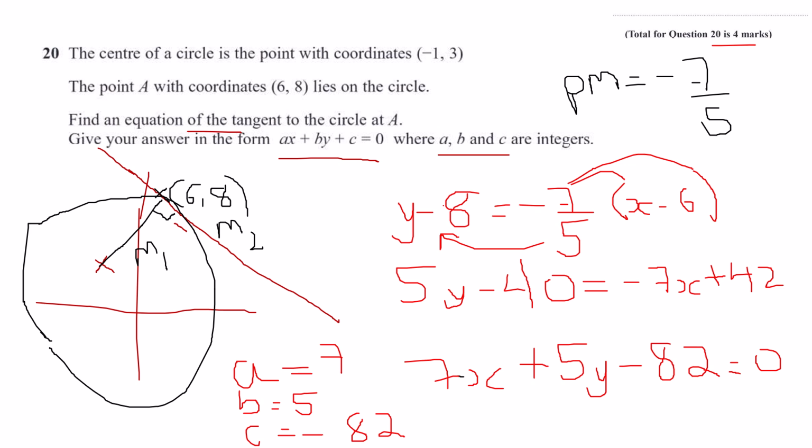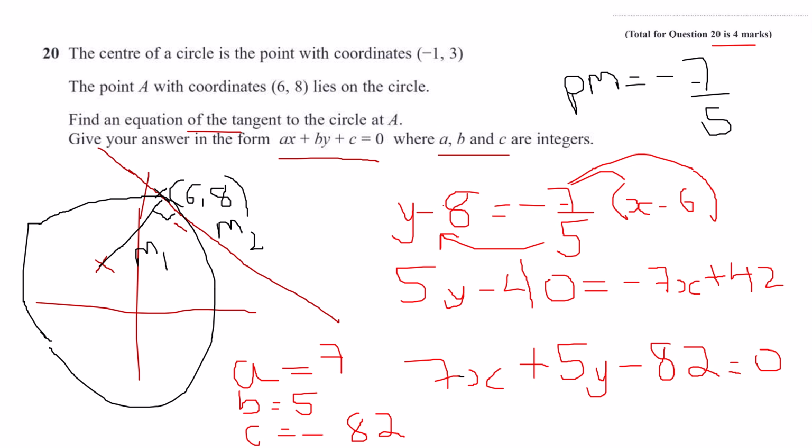So you flip it and then you negate it. If you're ever unsure, the gradients must multiply to make -1, so you can check that. 5/7 times -7/5 will give you -1. Any fraction times its negative reciprocal will always give you the answer -1. That's the key to remember.